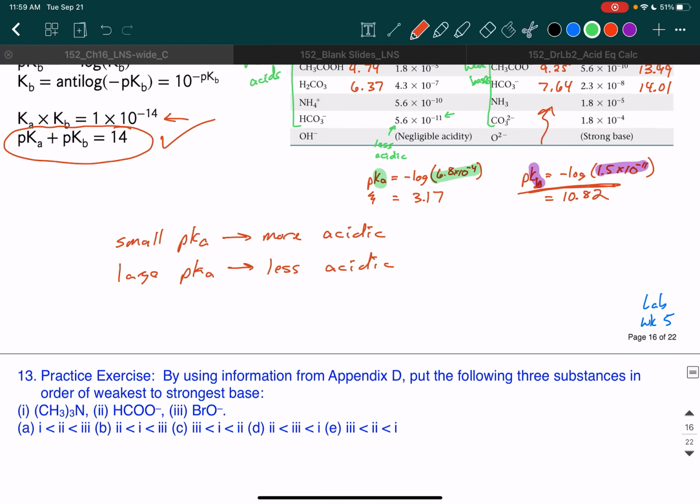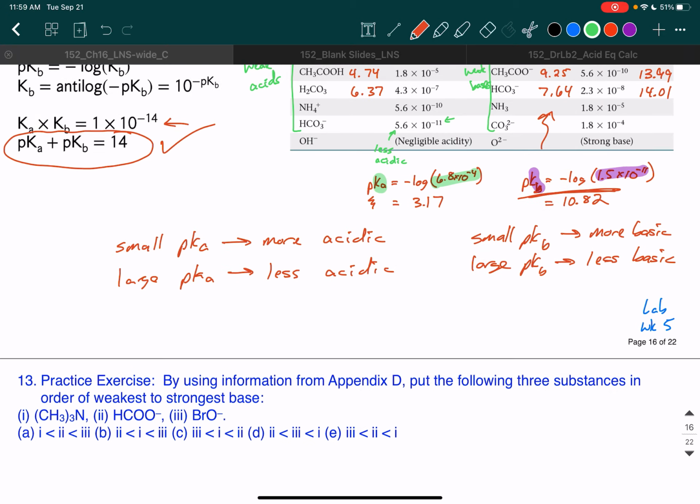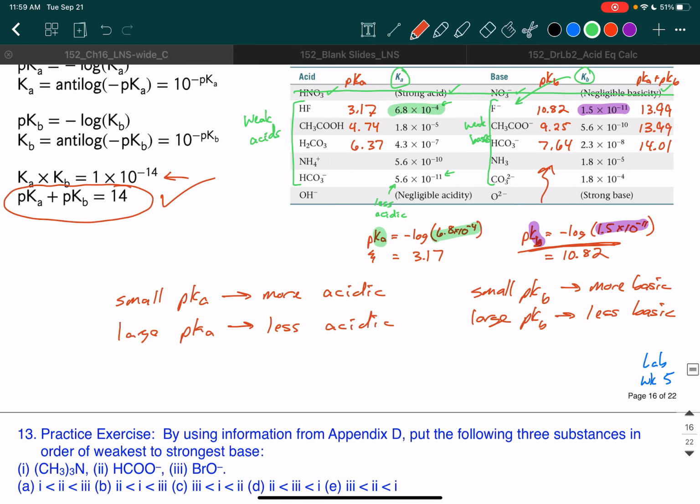And you can do the same spiel: small pKb, more basic, and large pKb is less basic. And again, that is consistent with the Ka values as well, and the Kb values.